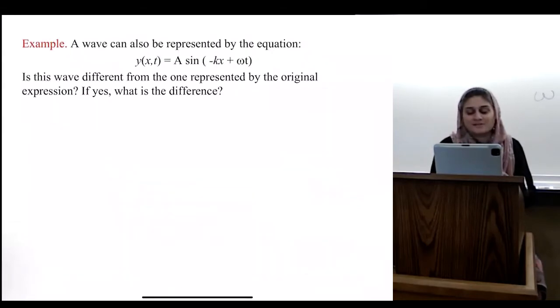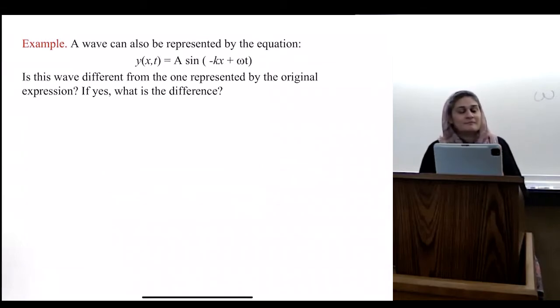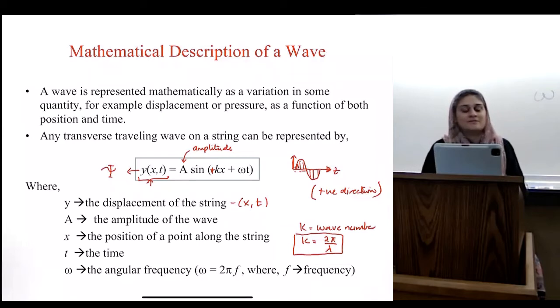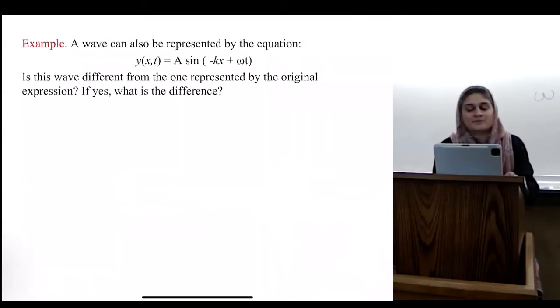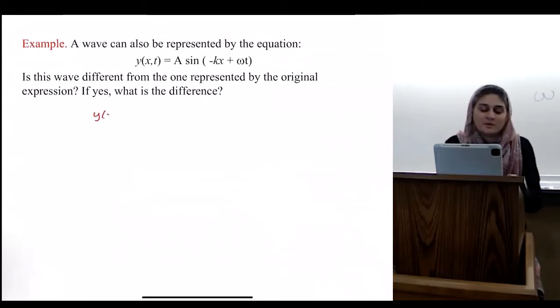Okay, so now I'm going to ask you a question. If this wave is given, what is the difference between this wave and the one you saw here? Do you see a difference? So this was y equals A. So the previous wave was this one.